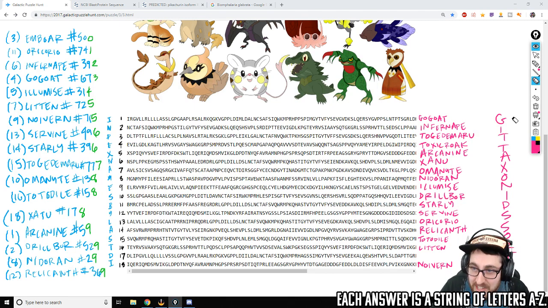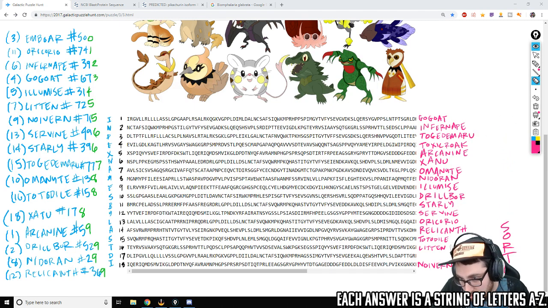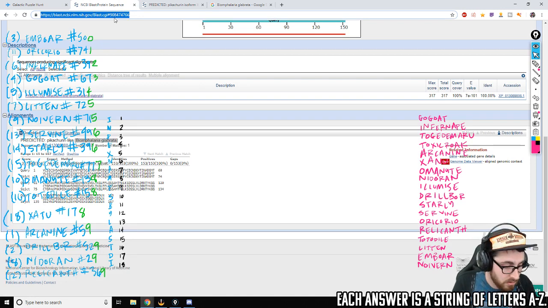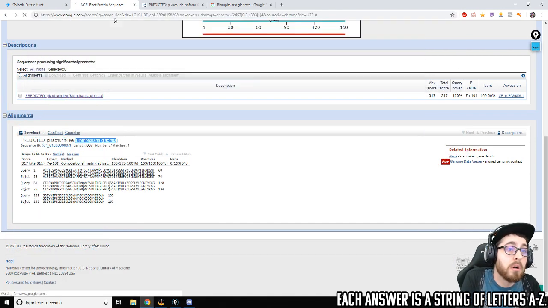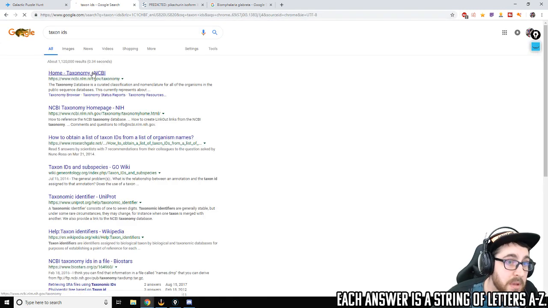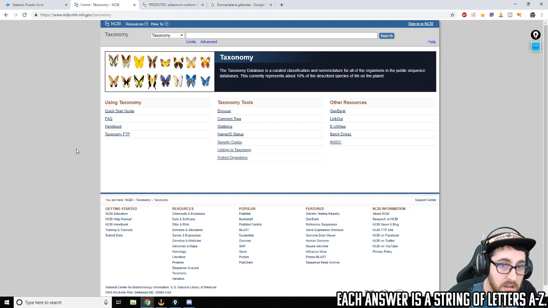Okay, so now we need taxonomy IDs. Do we need taxonomy IDs of... Taxonomy, the NCBI. Oh, do we have to go back in and get all these?